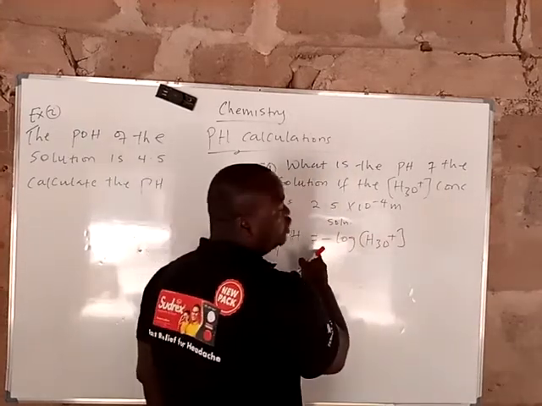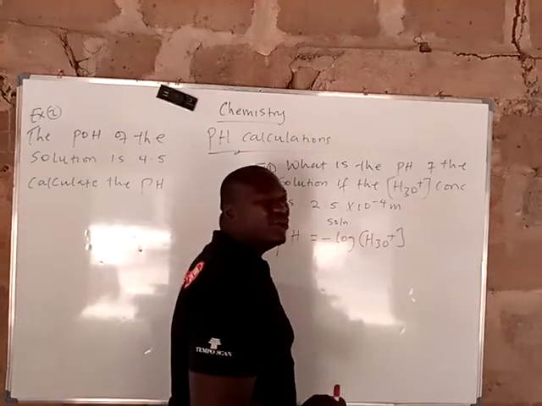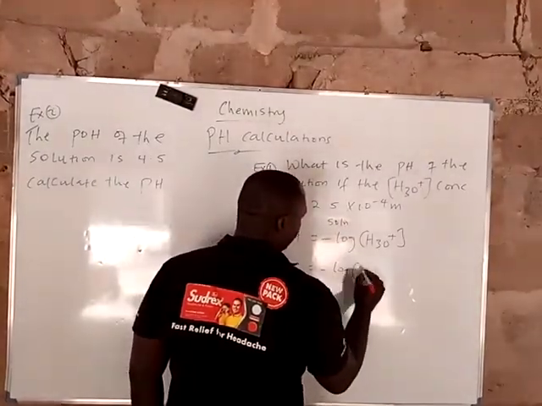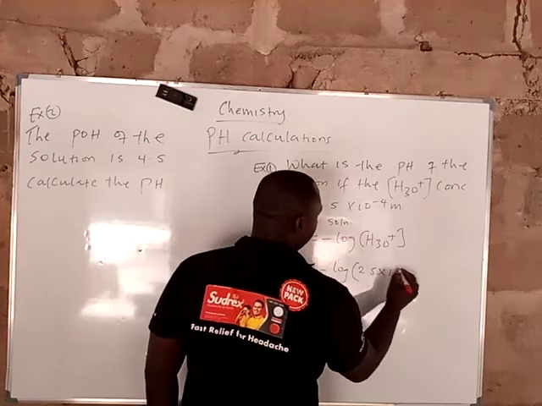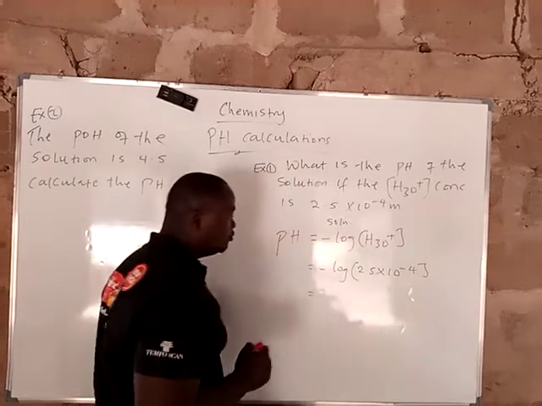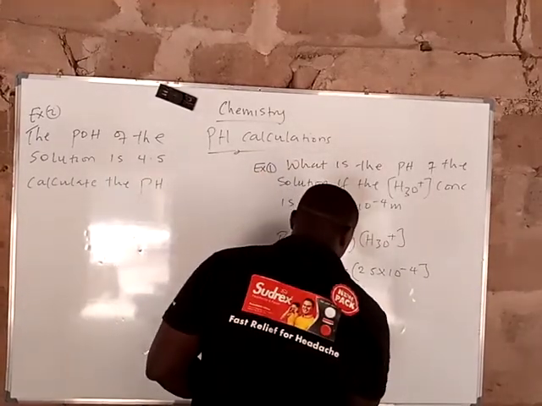All you need to do is insert this into the equation and your answer will flow naturally. So it is minus log of 2.5 times 10 to the power minus 14. Punch it in your calculator and what you are going to get is 3.6.